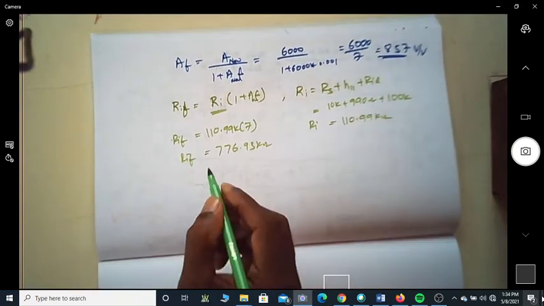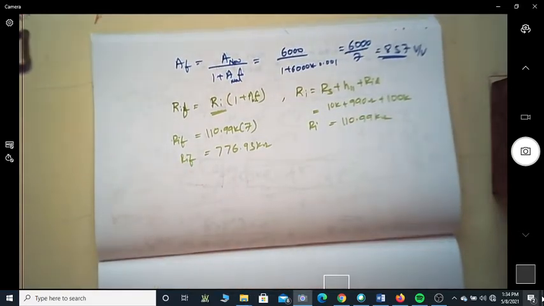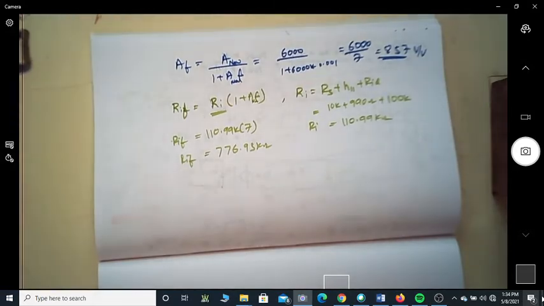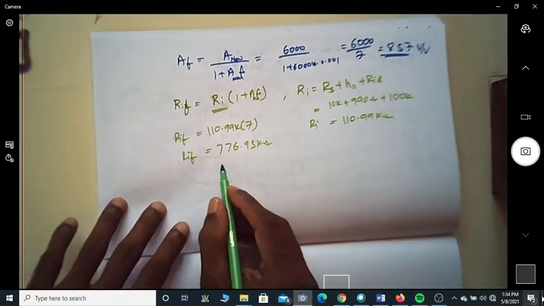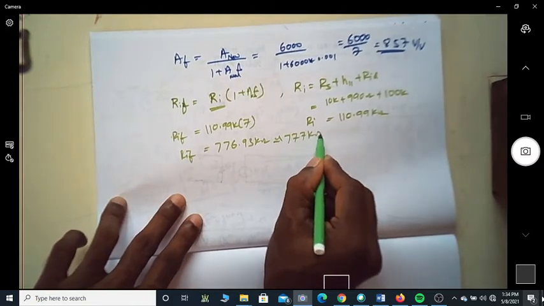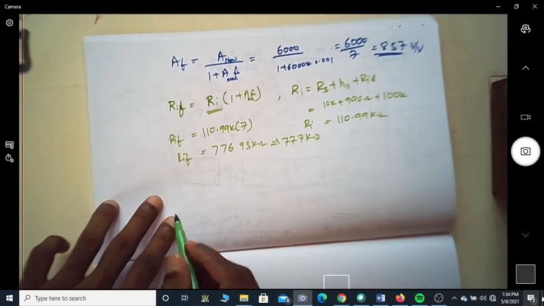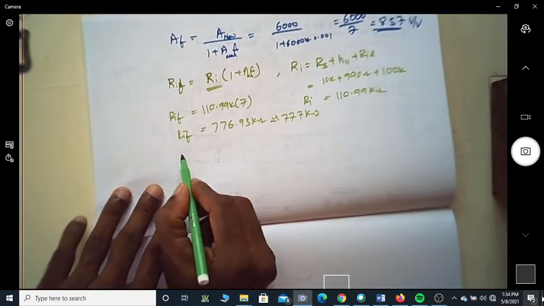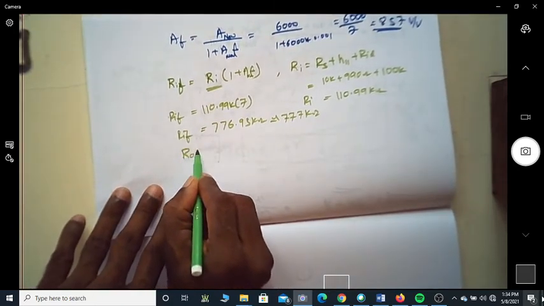So this is RIF. You can approximately say it is equal to 777 kilo ohms. Let us also find out ROF.